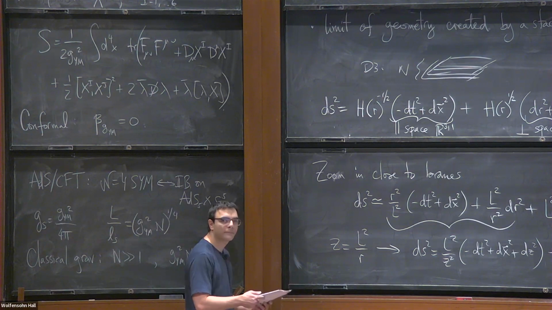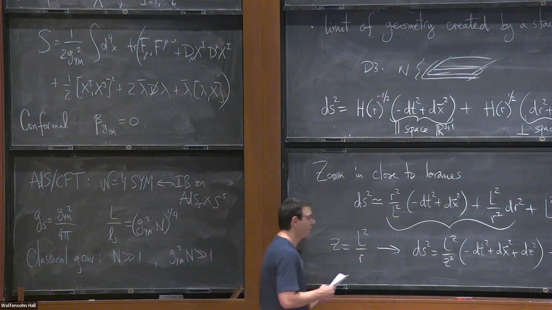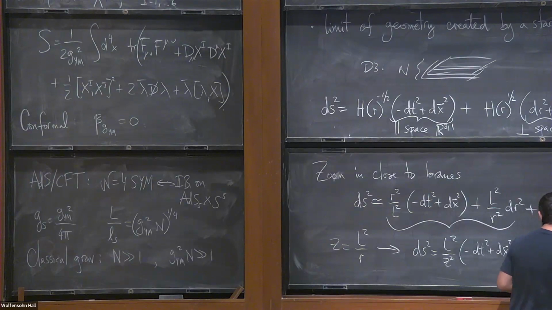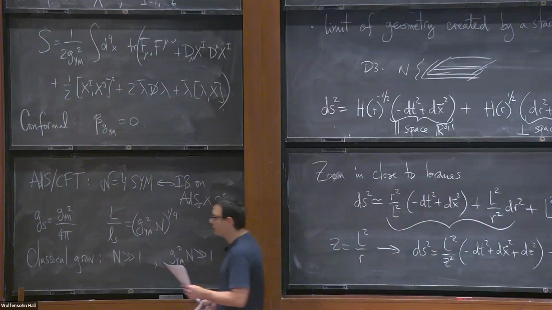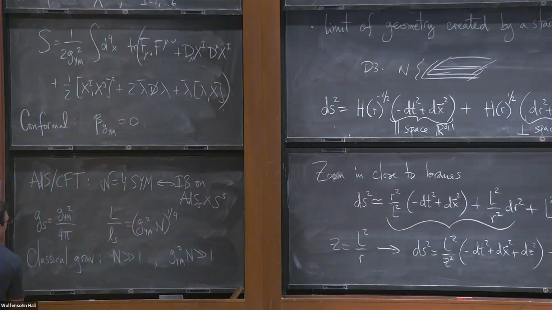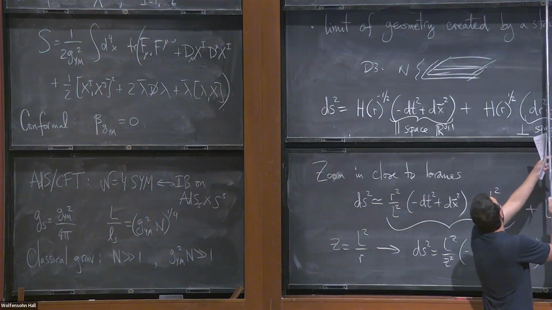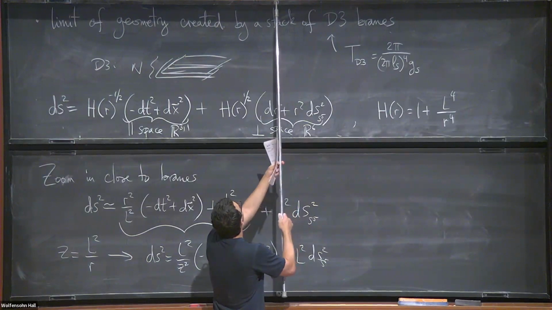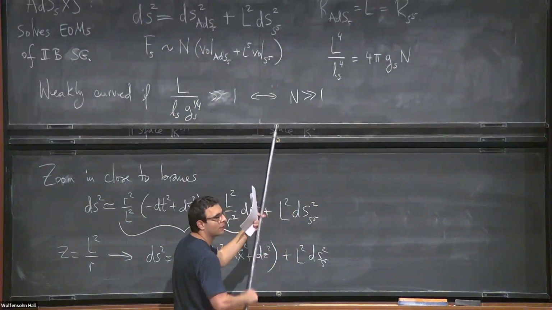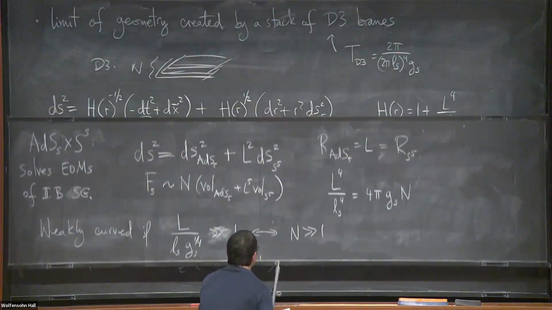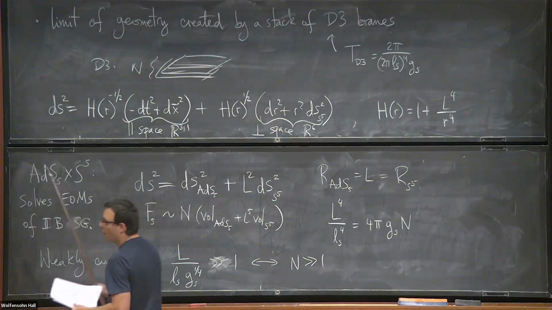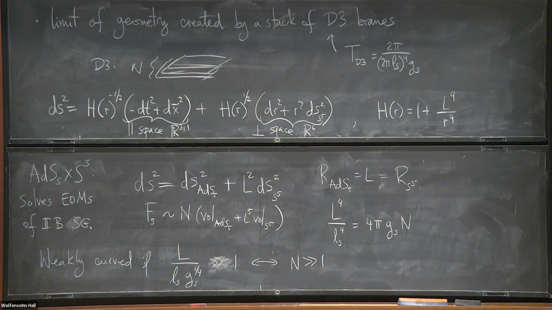Okay. Any questions? So then I wanted to do a computation just to see how it could potentially be useful. So let's try to compute, and I'll tell you what the rule is, the quark-antiquark potential using AdS/CFT.